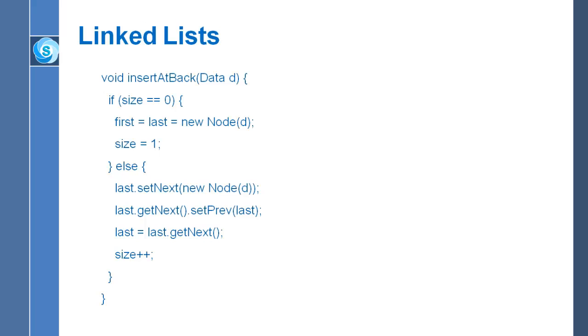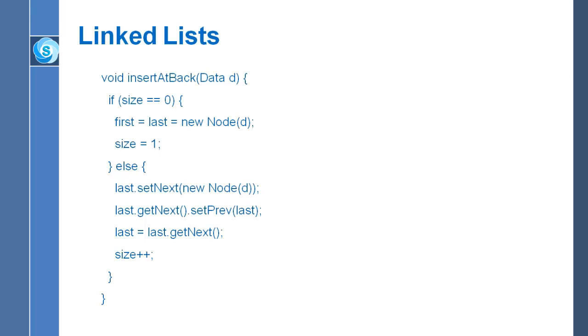This is responsible for creating a new node and putting it at the back of the linked list. There's a parameter D here, and D is actually the data that we want inside the new node. Let's quickly skip down and notice a couple places where it says new node parentheses D. So what does new node parentheses D do?